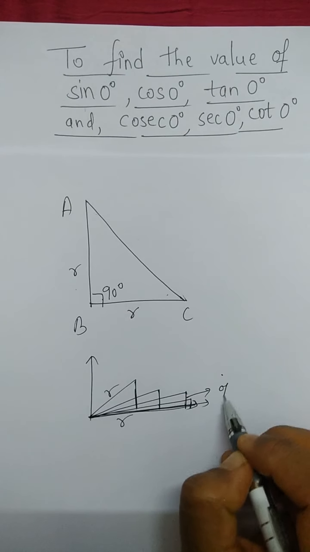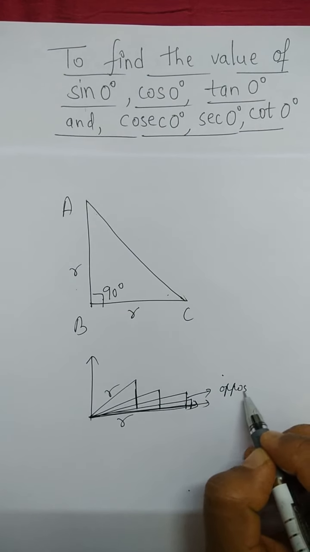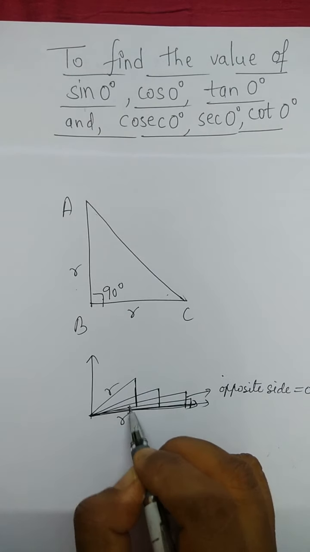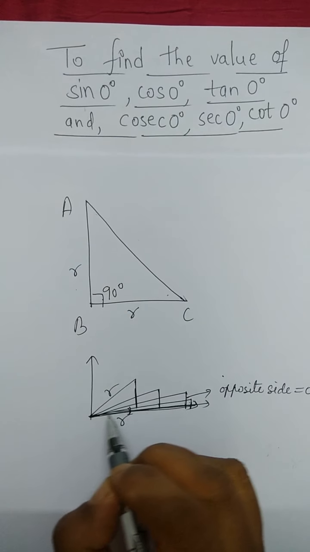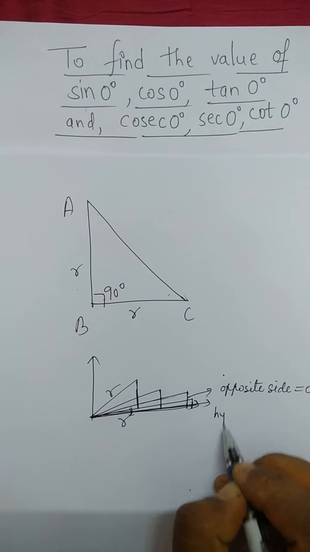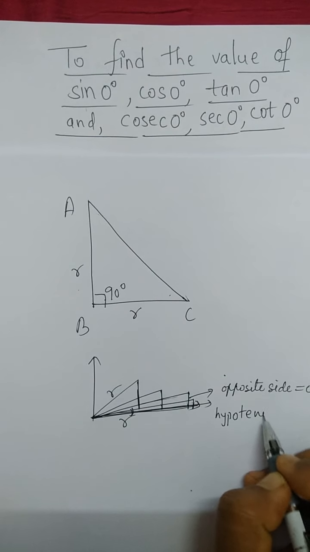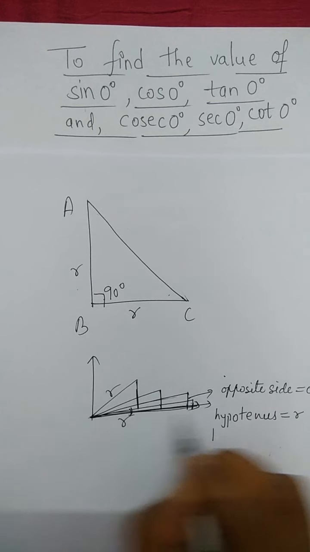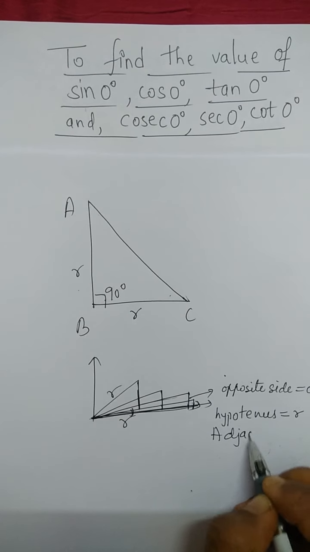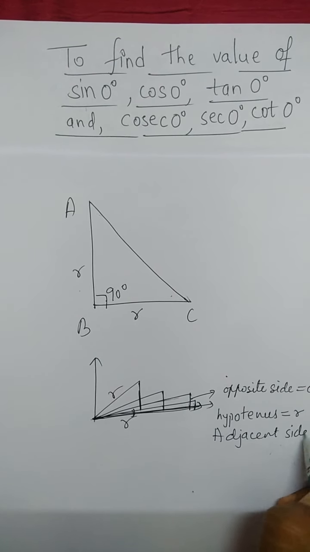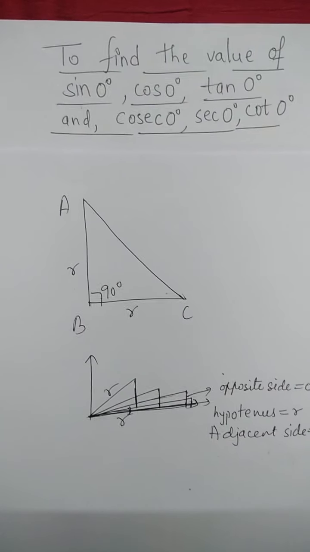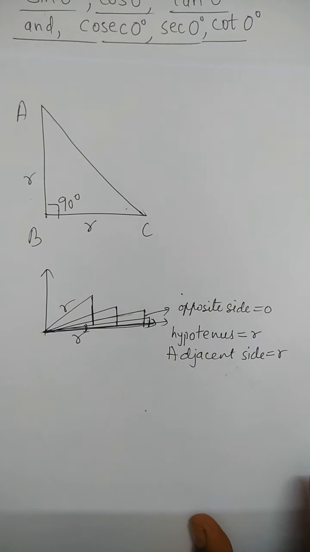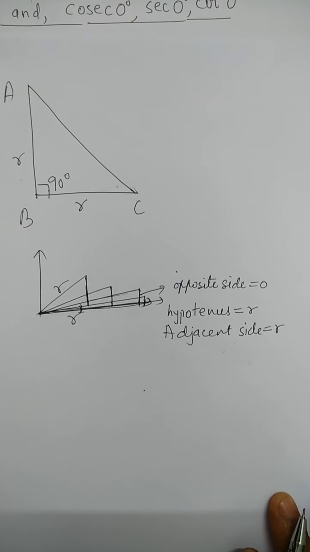So opposite side is equal to 0, and for this angle, hypotenuse is equal to R. Base, meaning this adjacent side, will be equal to R. I have taken both as same. In this way, I have taken the values.